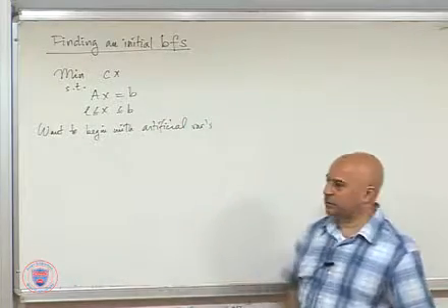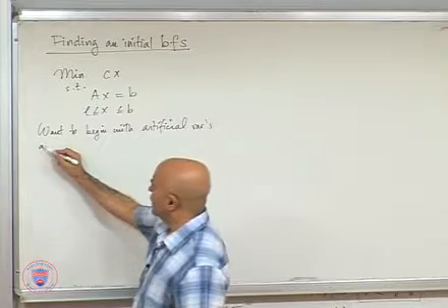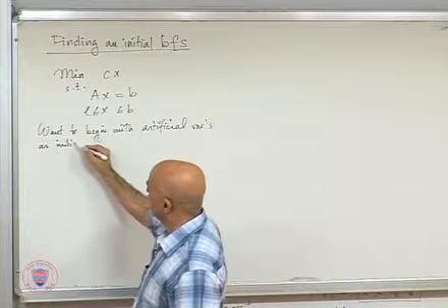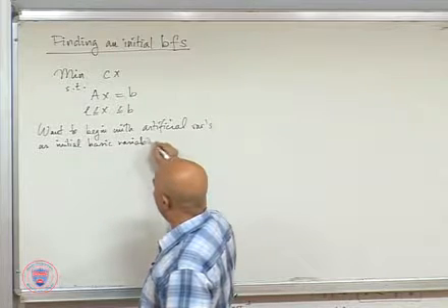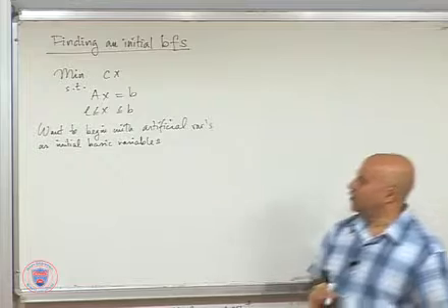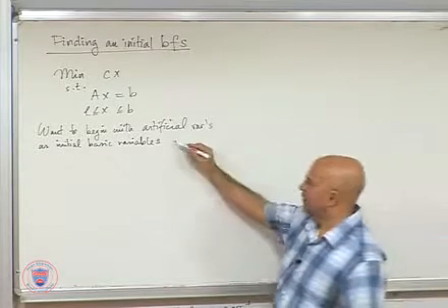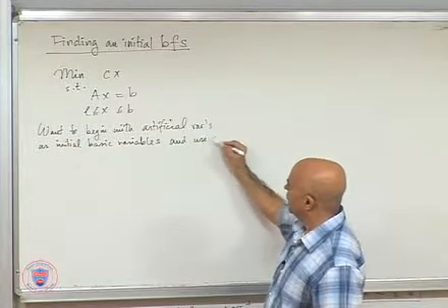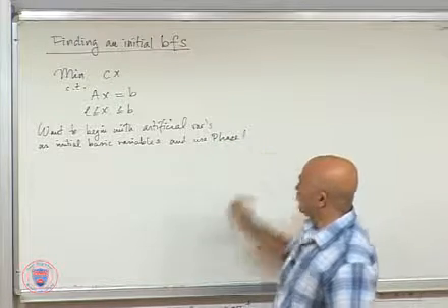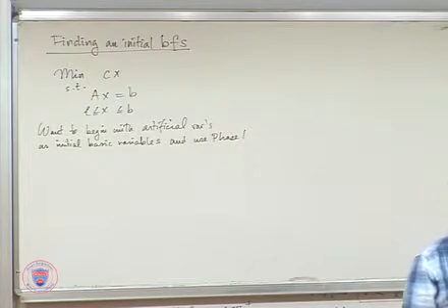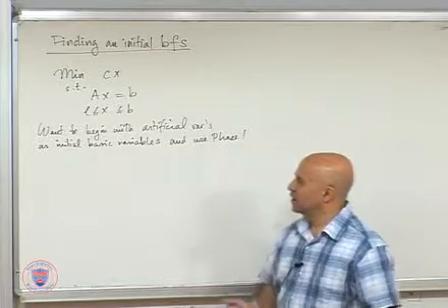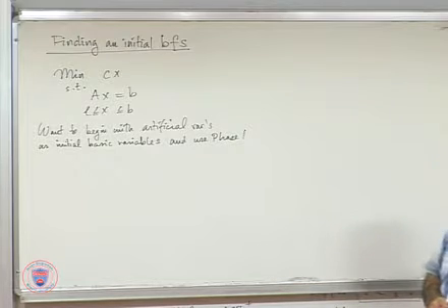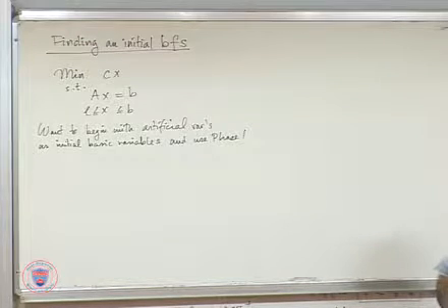You insert artificial variables as initial basic variables and use phase one. So you want to use the phase one problem, minimize the sum of the artificial variables, subject to the appropriate constraints, with artificial variables supplying you the initial basic feasible solution.